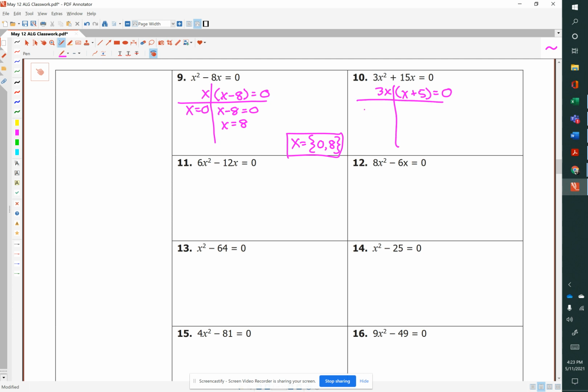So on the left side, we have 3x equals 0, which means x equals 0. And on the right side, we have x + 5 = 0. So x equals negative 5. So our two solutions, x equals negative 5, 0.